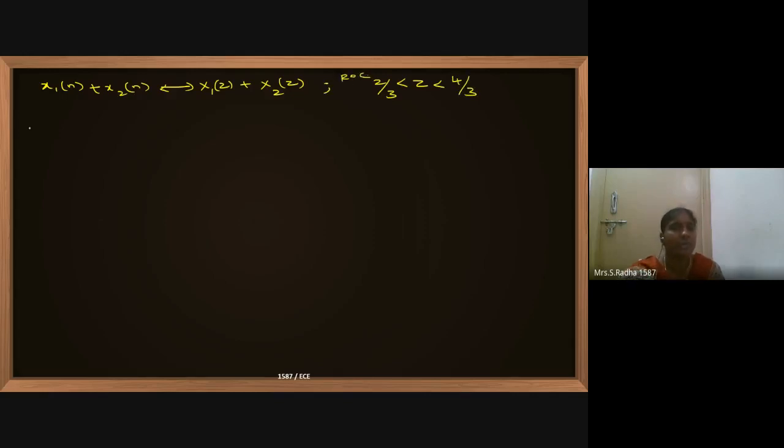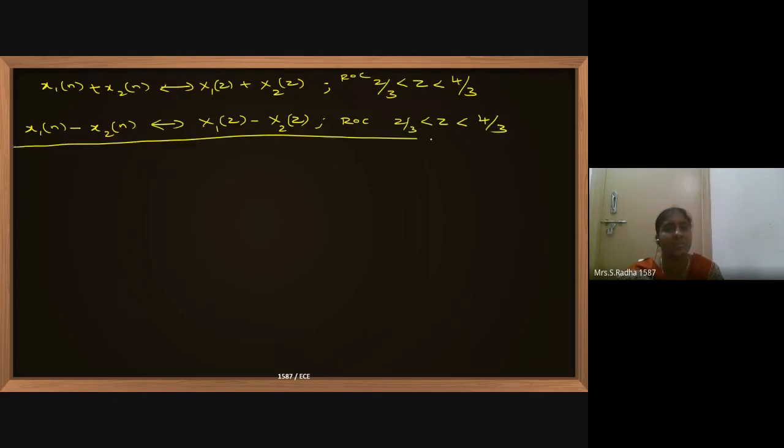If you are taking x1 of n minus x2 of n, only Z transform will change, X1 of z minus X2 of z, but the ROC will remain the same. The minus symbol will not affect ROC. Only in the Z transform it will be changing.